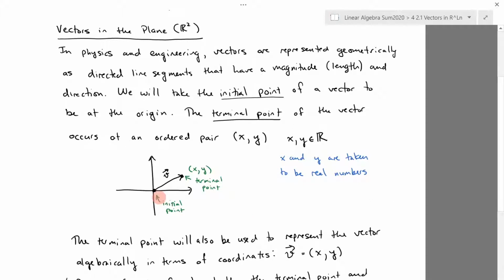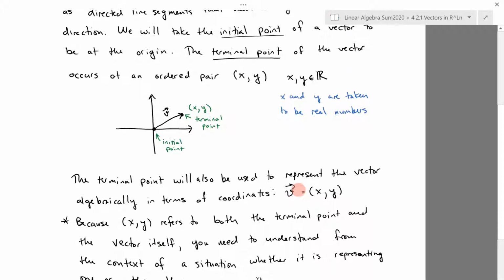Because we always take the initial point to be at the origin, the terminal point with coordinates x, y will not only indicate the coordinates of this particular point, but we'll also use the x, y coordinates to represent the vector itself. So this vector v, written algebraically, would just be the pair of coordinates x comma y.